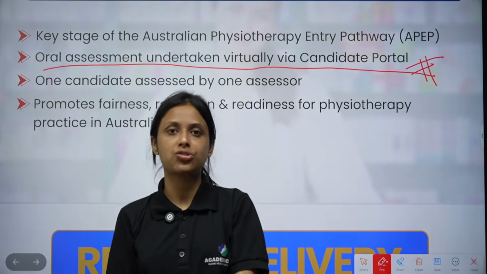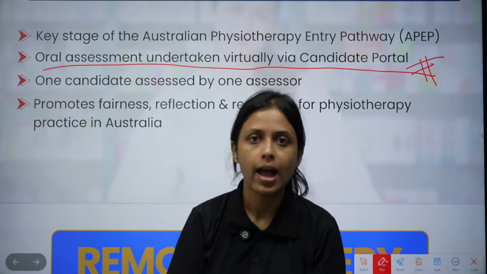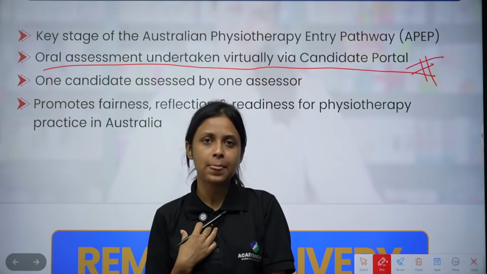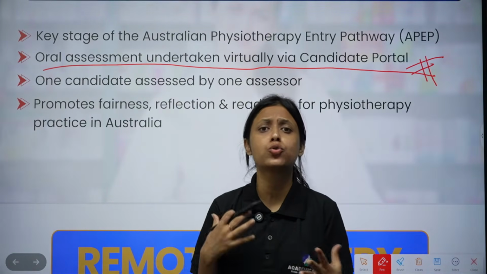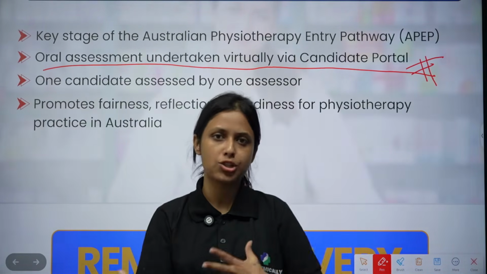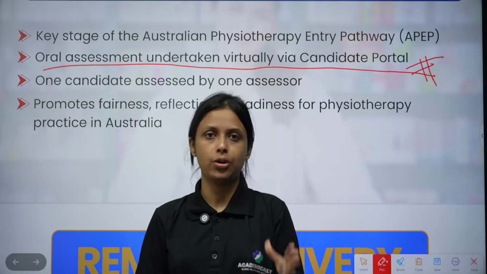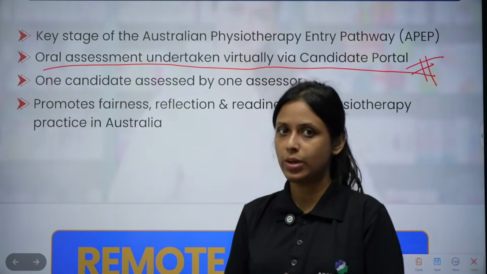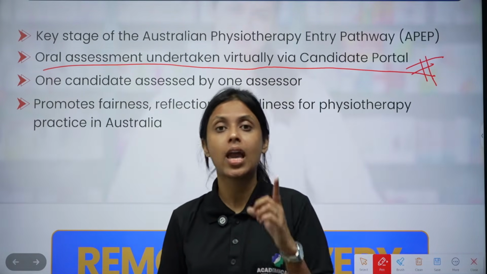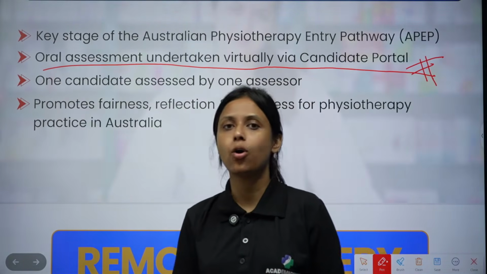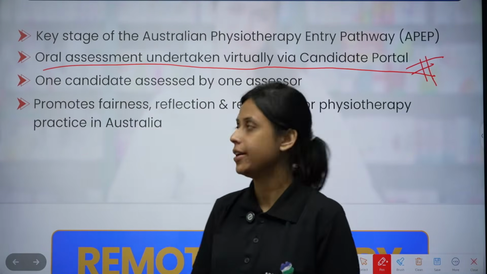There will be one Australian physiotherapist on the other side, and on your side you will be sitting for a 1.5 to 2 hour Viva discussion. We will discuss the syllabus and all that. Through your candidate portal, you have to book this oral assessment, and that is exactly the capability assessment, which is part of the Australian physiotherapy entry pathway.